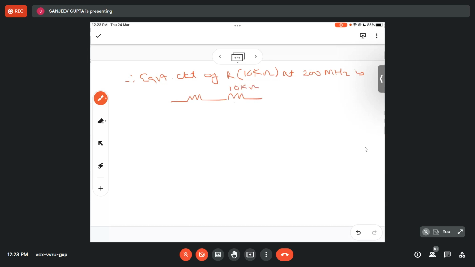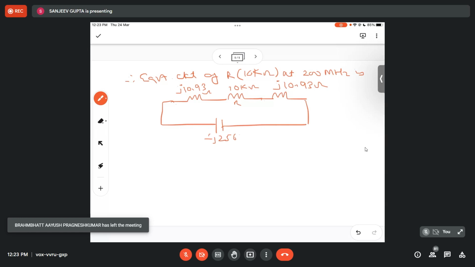This I calculated, j10.93 ohm, corresponding to the inductance, and then corresponding to the capacitance, I found this is -j2563 ohms. So that becomes my equivalent circuit of the resistor at 200 megahertz.